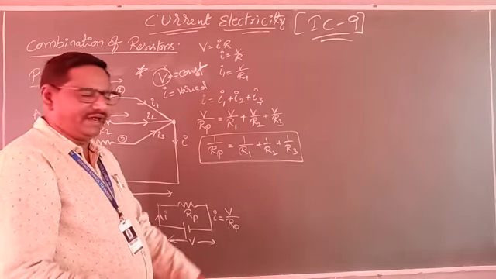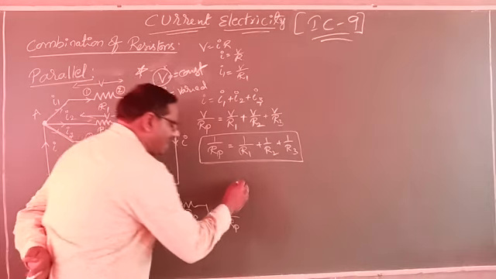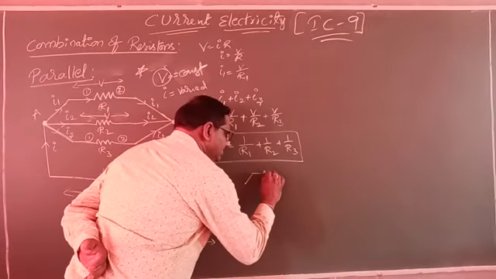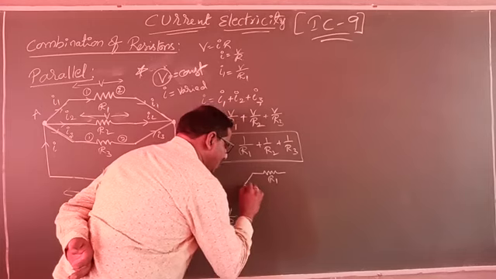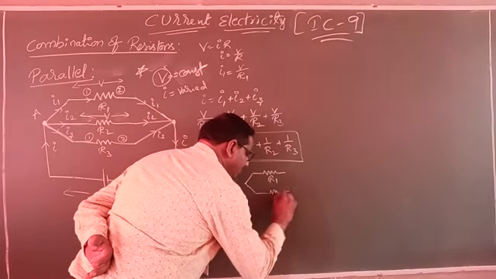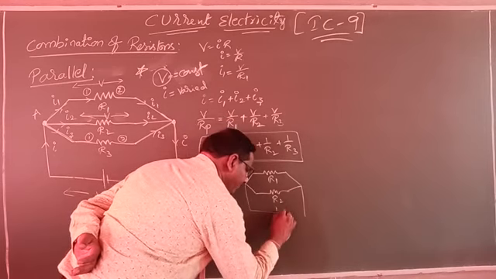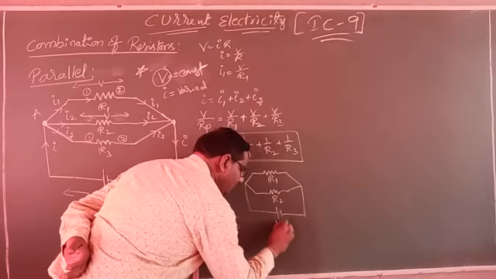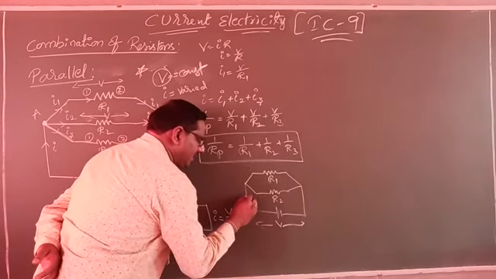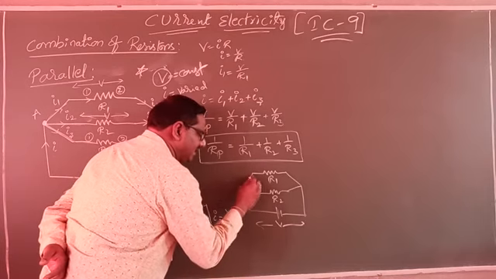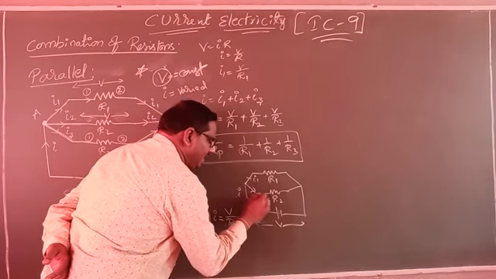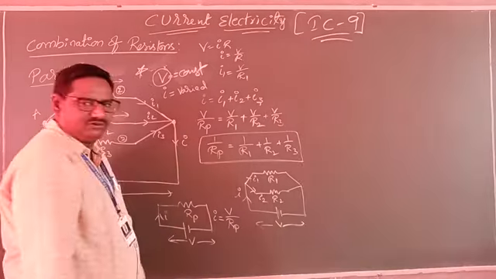Suppose I take two resistors connected in parallel like this. These two resistors are R1 and R2, connected to a potential V. Here the current will be I, here the current will be I1, and here the current is split as I2.